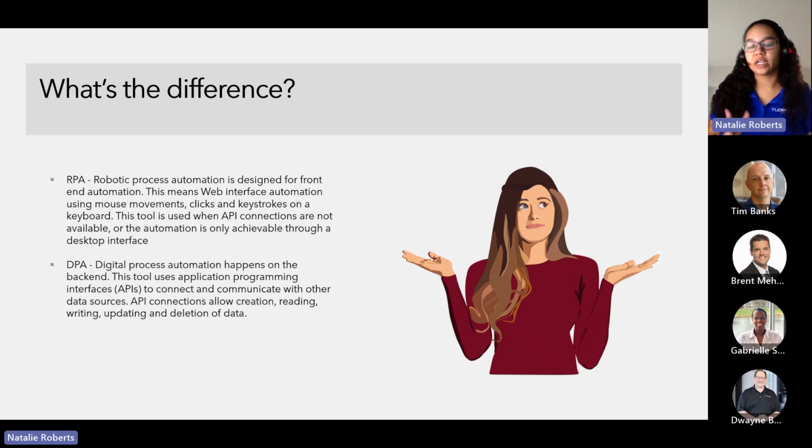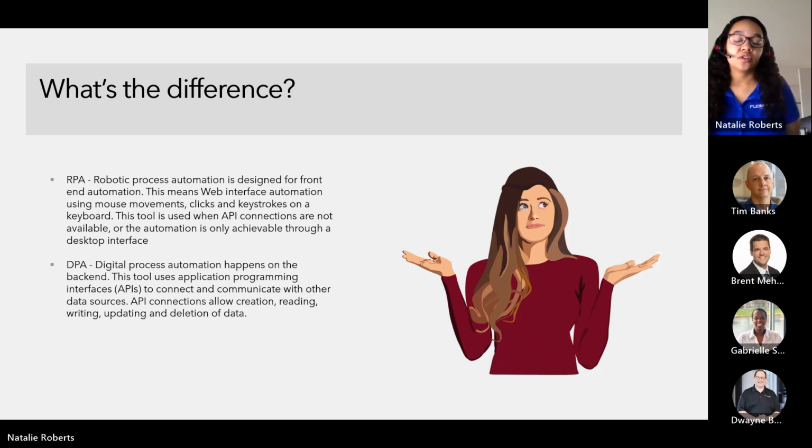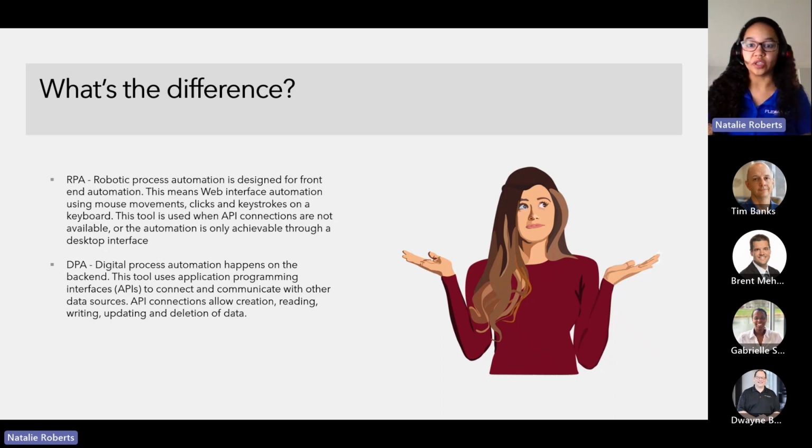Now, I've mentioned two different kinds of automation. There's robotic and there's digital. What's the difference? Robotic process automation is the type of automation where you are the end user on your computer screen, clicking and maneuvering around to accomplish a task. Maybe you're logging into something, entering your time, logging out.